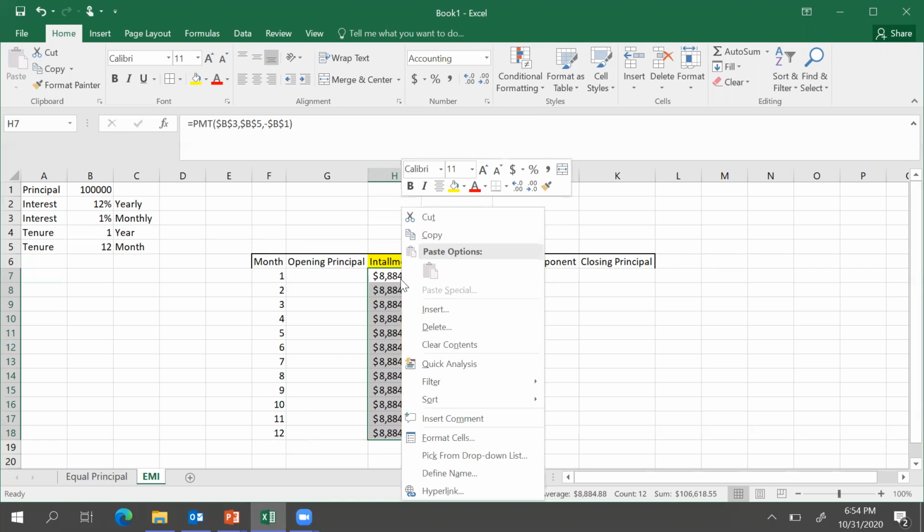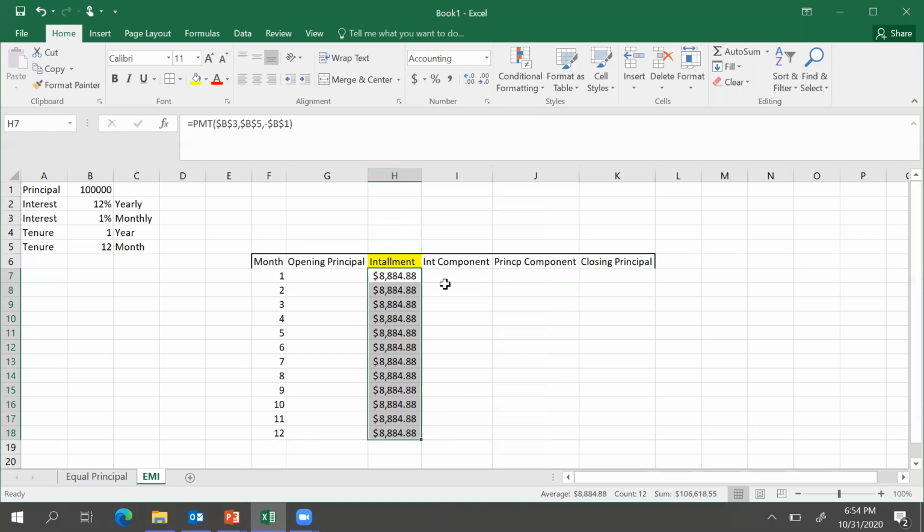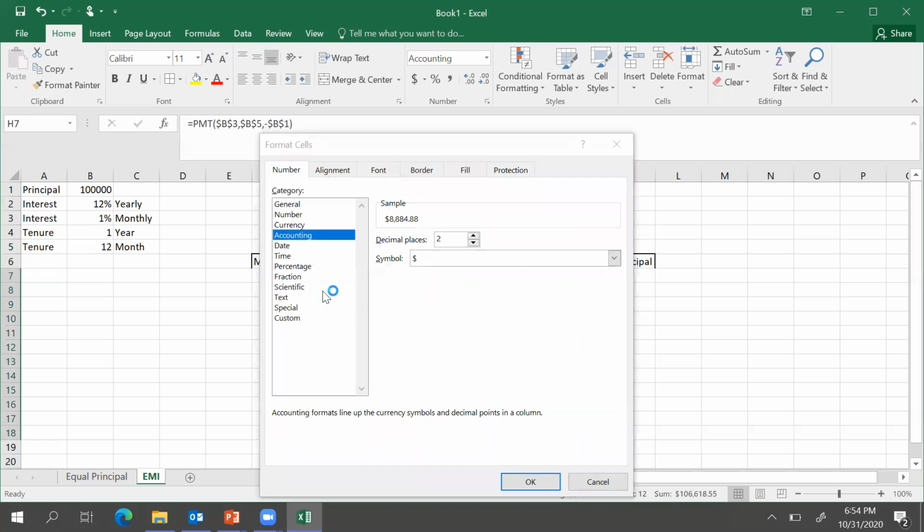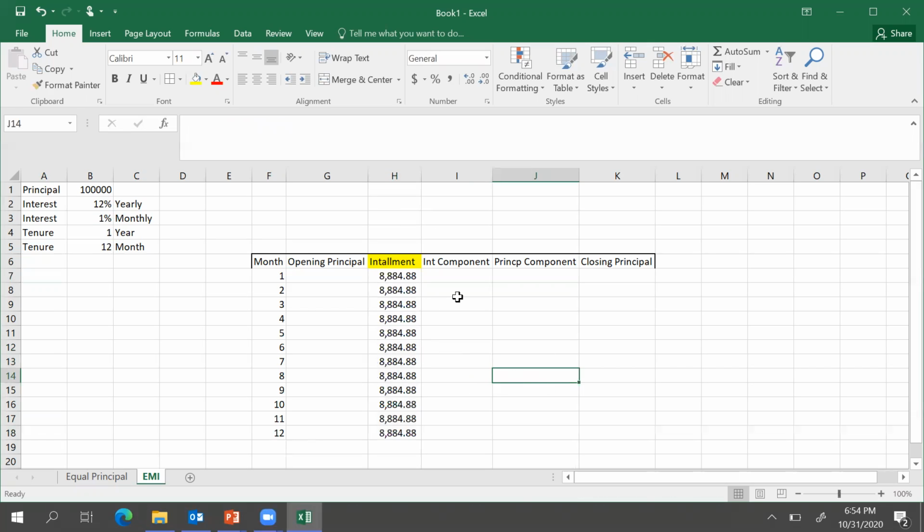We will remove the currency sign. Just a minute, guys. So this is the installment we have calculated. You can see the installment is the same, but what is happening with the principal and with the interest, that we will find out.